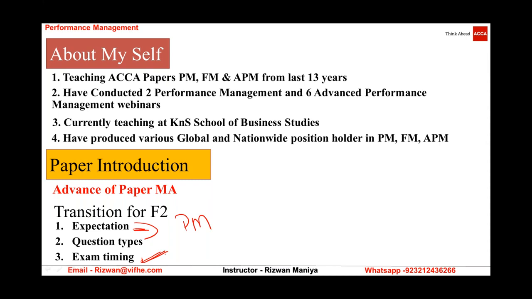But when it comes to performance management, there are just 4 windows available, which means you have to be dead right, students, and you have to ensure that December 2019, if it is your attempt, should be your attempt, and you have to pass in this attempt, because the next chance will come in March 2020. So these are the basic differences between the management accounting paper and performance management that I really wanted to highlight at the start.